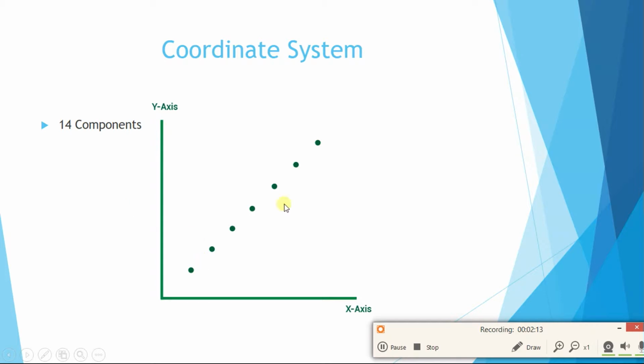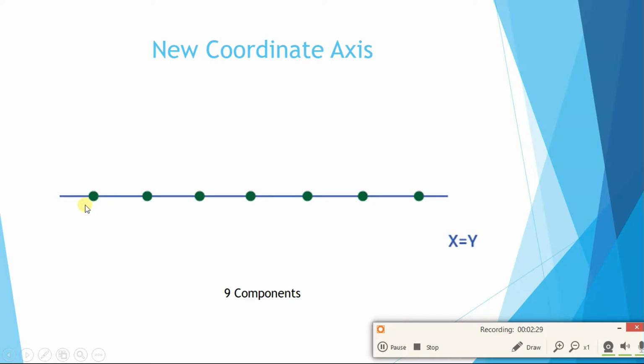You can see there are 7 points, so we need 14 components to tell their position in this coordinate axis. But you can see they have maximum variation in this direction. So we can write their positions with respect to only this direction, and store the information about this principal component one time, and we can store 1,000 points, even lakhs of points, according to this axis.